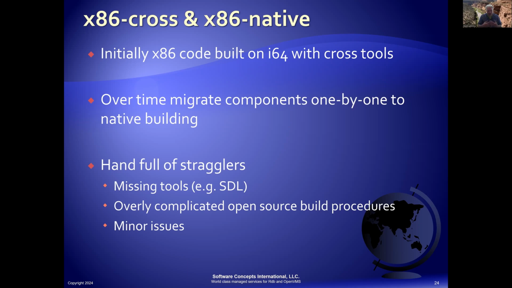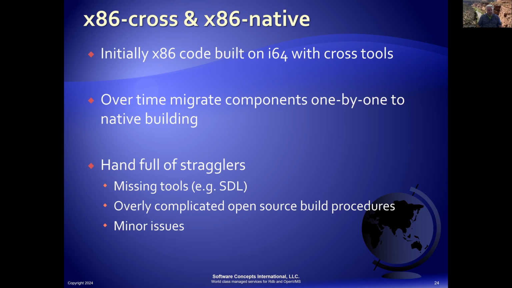Some of the open source products that we have incredibly impressive command procedures, which seem to take 5,000 lines of code to compile 5 modules. And I don't know, some of the complexity exceeded my level of enthusiasm. And then there's a few minor issues, a bug here and there, or some interaction between Alpha and Integrity, which didn't fit well with x86. So I will confess I'm not 100% yet.